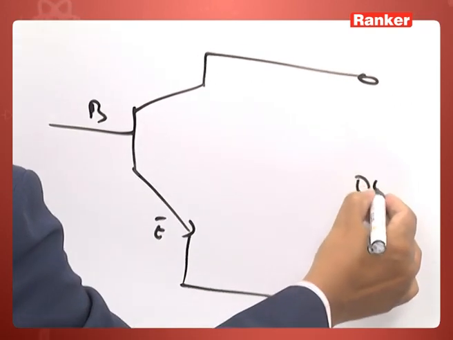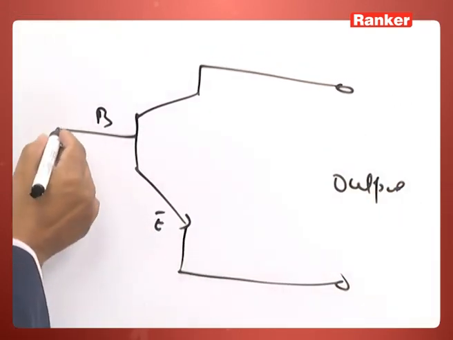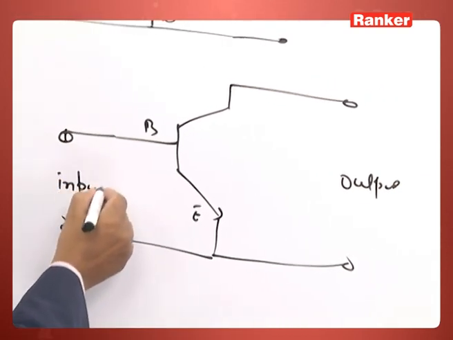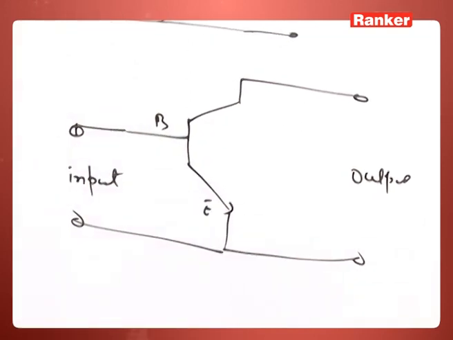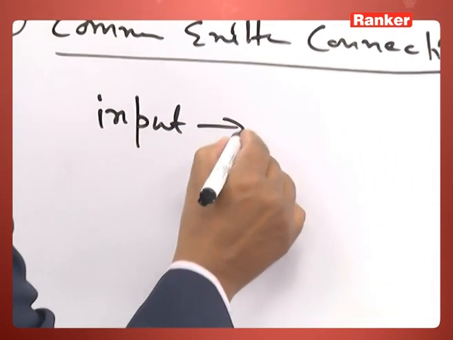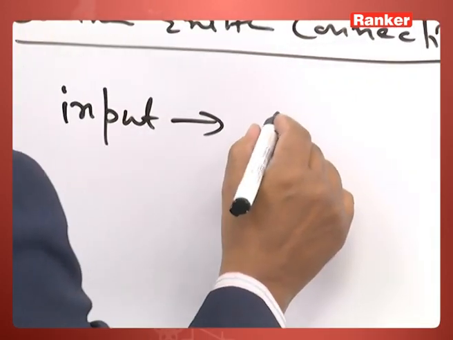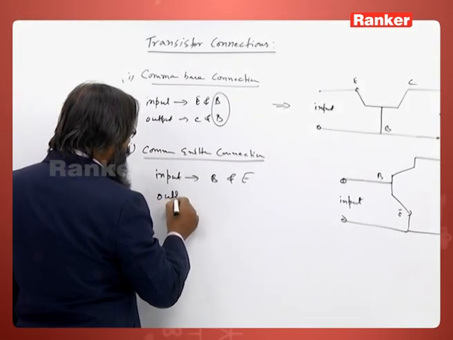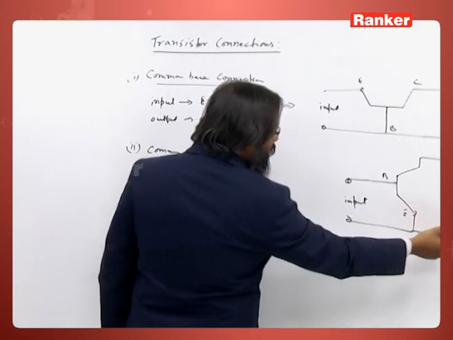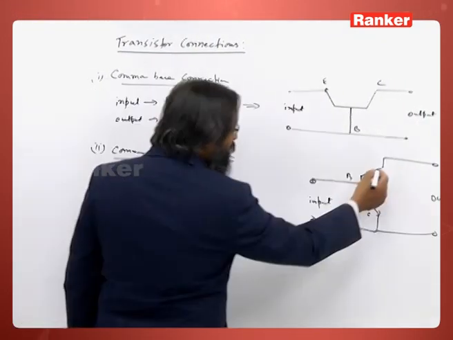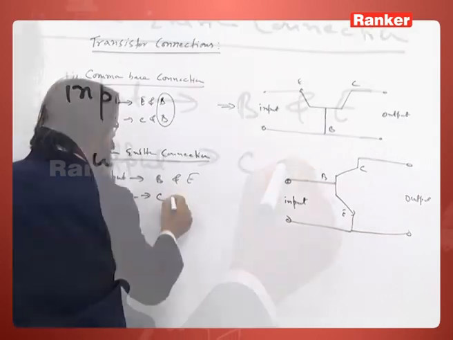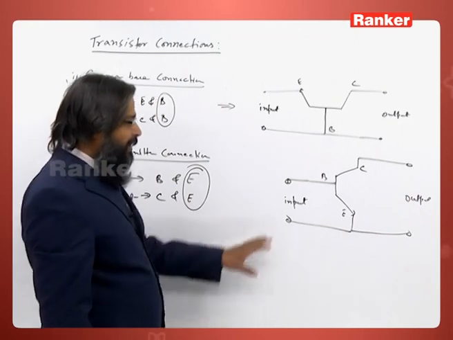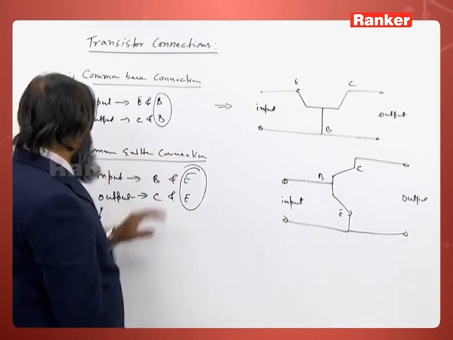Input is given across base and emitter, and output is taken across emitter and collector. You see we have made this emitter common. So, this type of connection will be called common emitter connection.